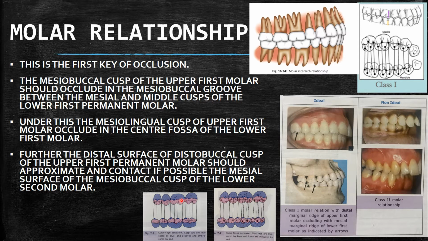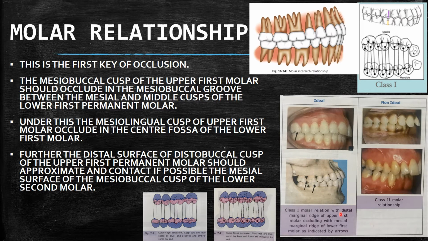The distobuccal cusp should occlude the mesial surface over here. Now you can see it's passing and going over here. So it should touch and contact, if possible, the mesial surface of the mesiobuccal cusp of the lower second molar. So this is the first key of occlusion.